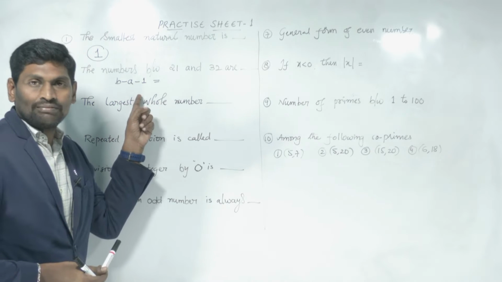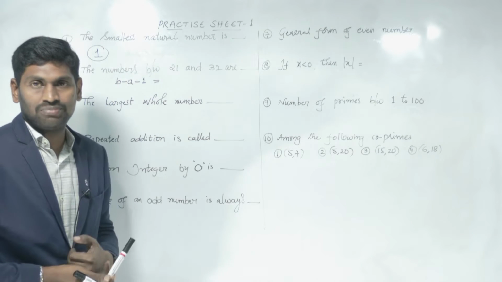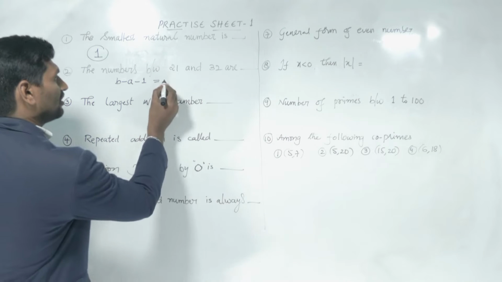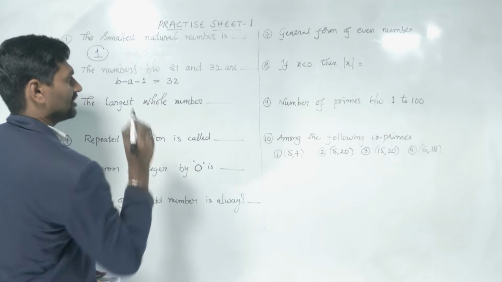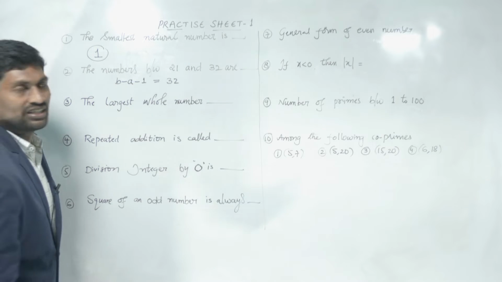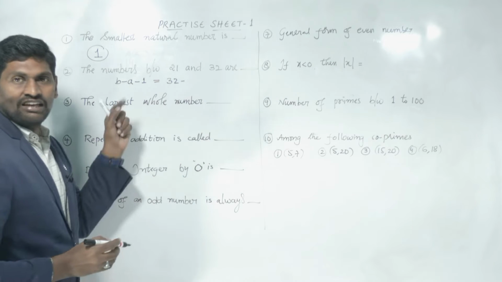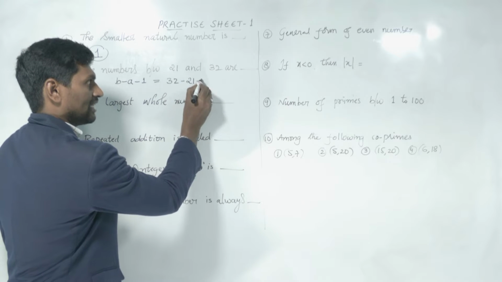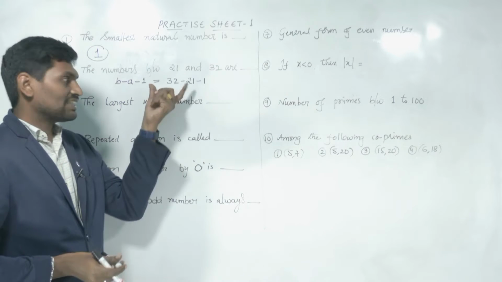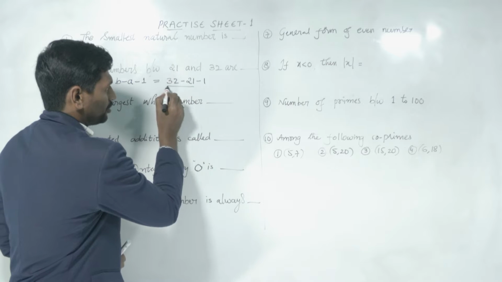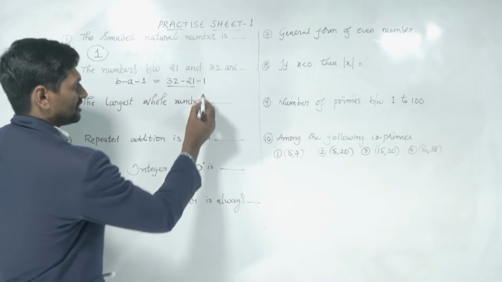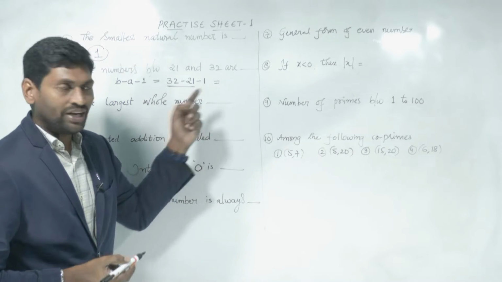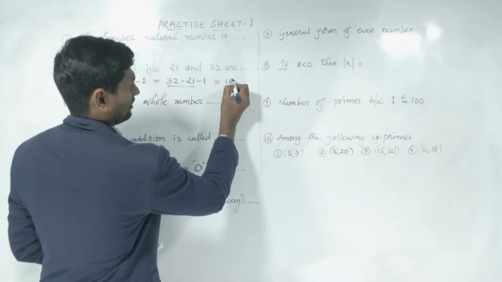What is the larger number among 21 and 32? Obviously 32. And what symbol here? Minus. A is the smaller number, 21. Again minus 1. First let us subtract: 32 minus 21. How much? Yes, very good. 11. 11 minus 1, 10.